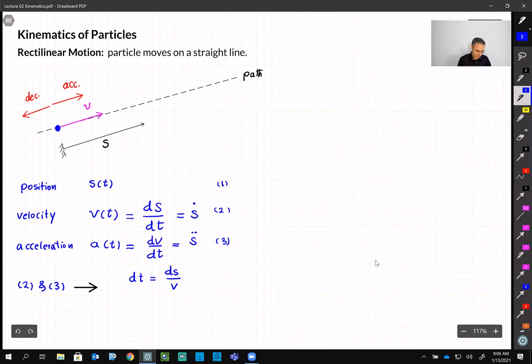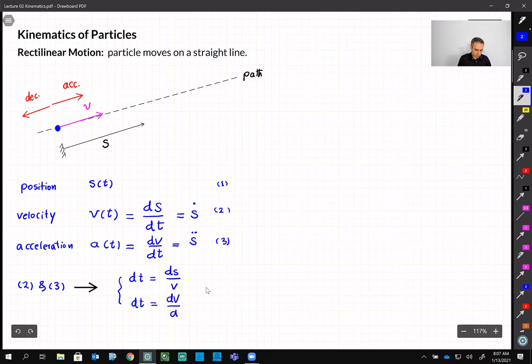So, in formula number 3, I write dt equal to dv divided by a. All I did, as you can see in this relation, was change the position of dt and v.